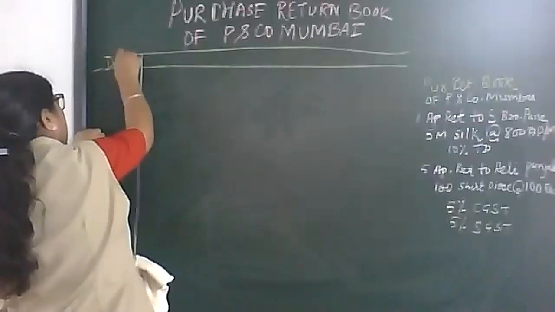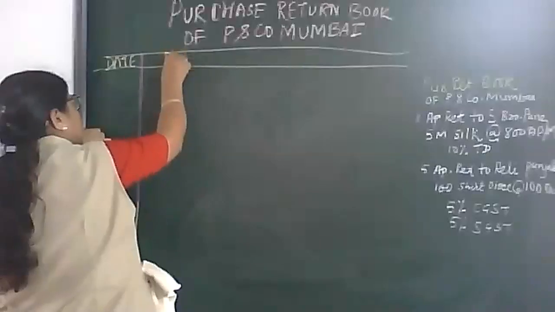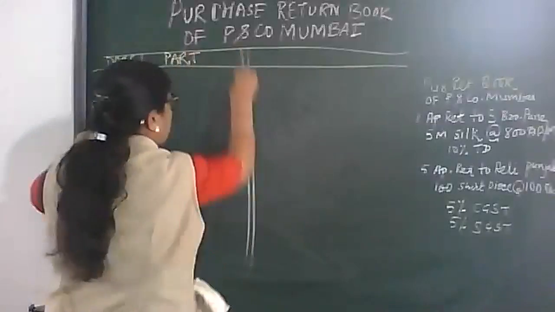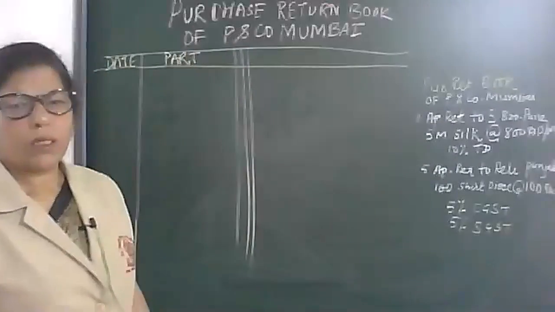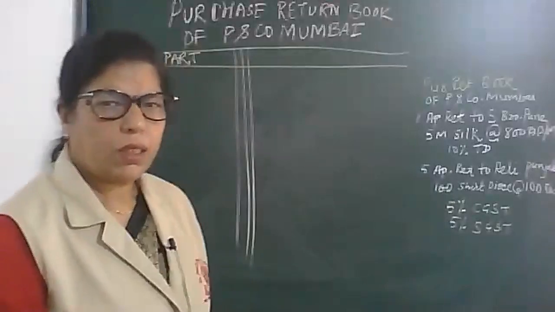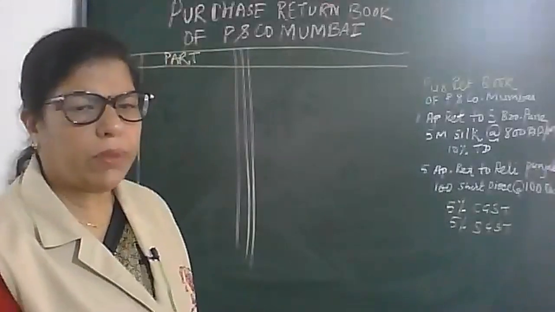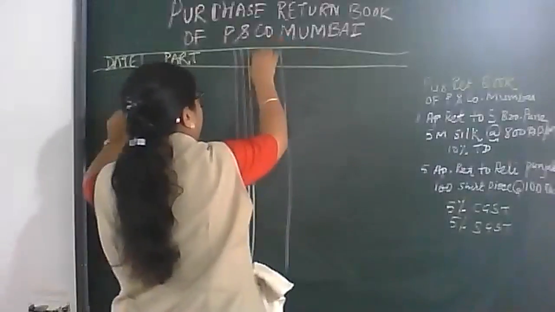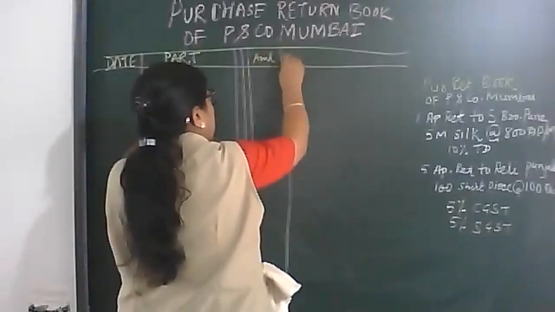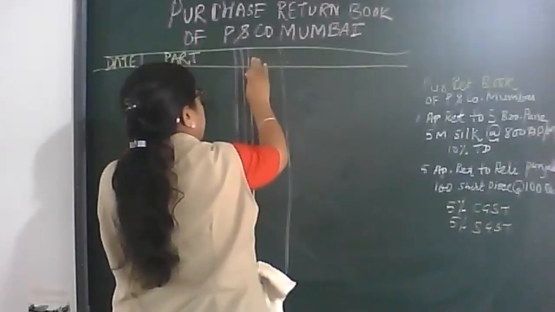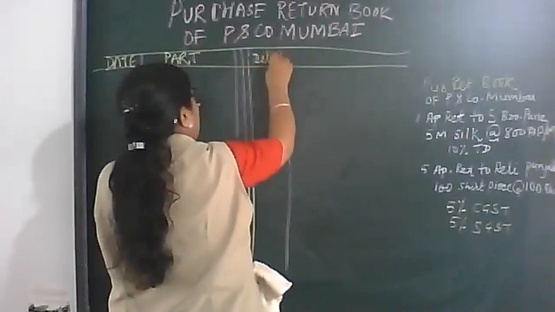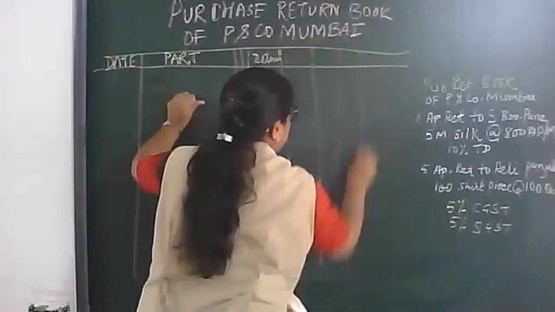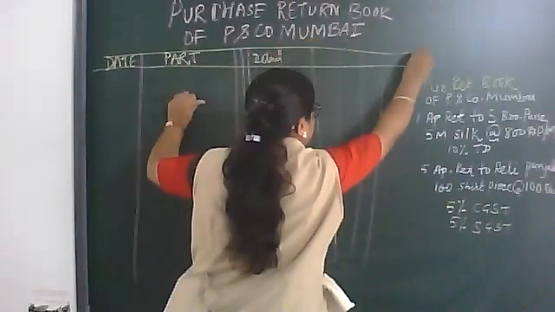Date, particulars, note number, voucher number, LF, then the same way. Amount, detail, amount, CGST, SGST, IGST, net.